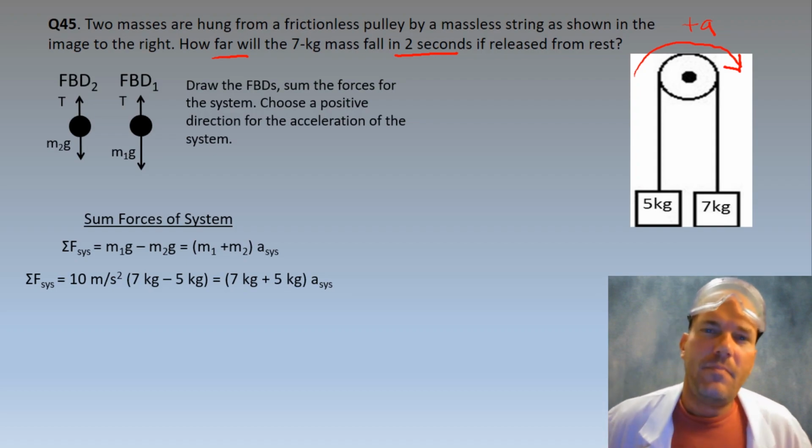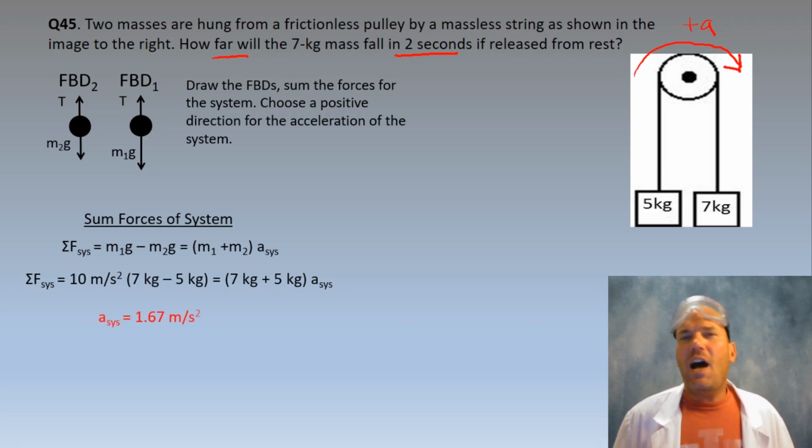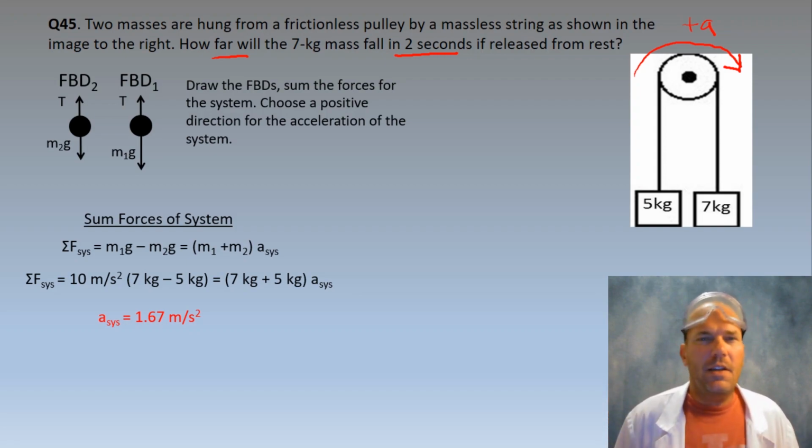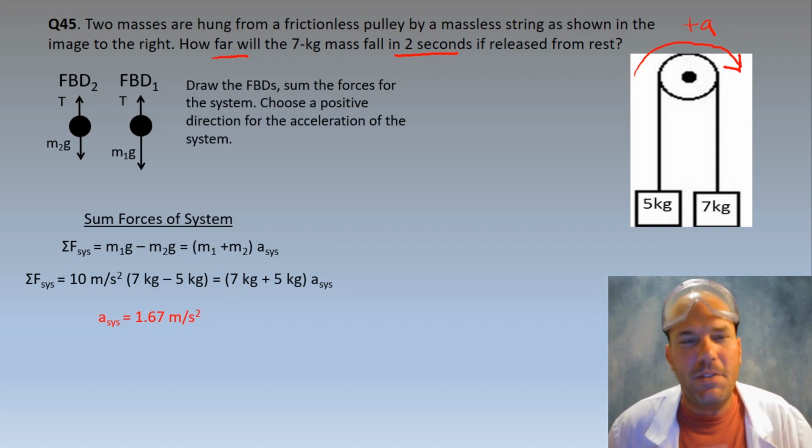But please do not forget to add the masses. So 12 kilograms is the mass of the system, and we can solve this expression quite easily by plugging in values, solving for acceleration.